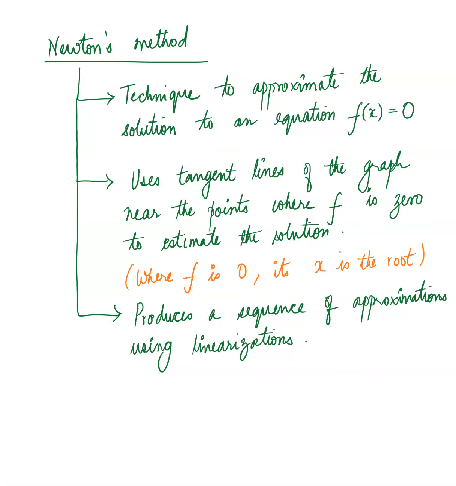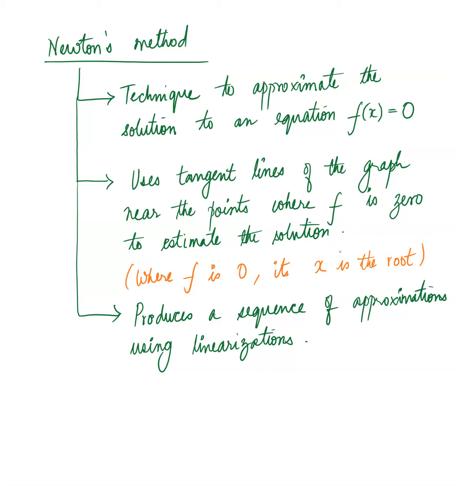I have summarized the pertinent points here, where Newton's method is basically a technique to approximate the solution to an equation f of x equals 0, as I mentioned before. We will be using tangent lines. The deal here is that where your function is 0, that is where the root is, isn't it? So if we can find where the function is 0 using the tangent lines, which I will illustrate shortly, then we can approximate the solution.